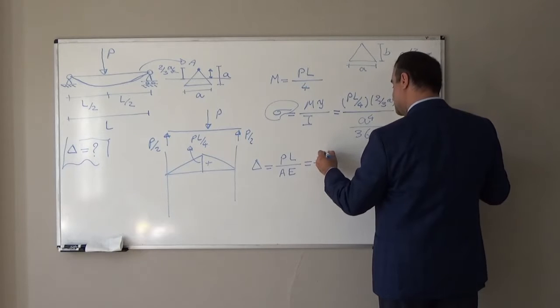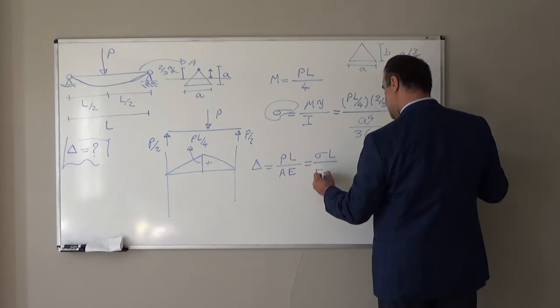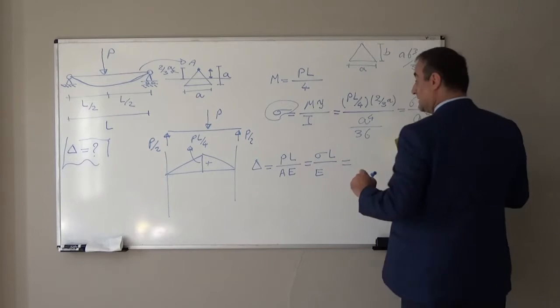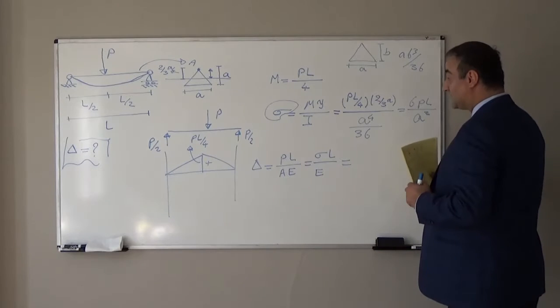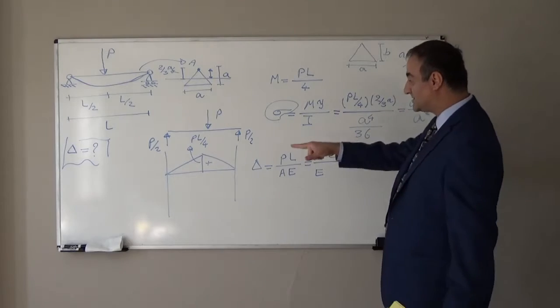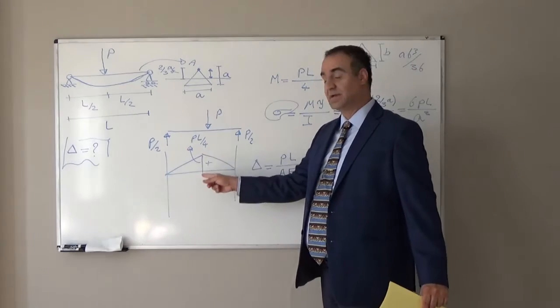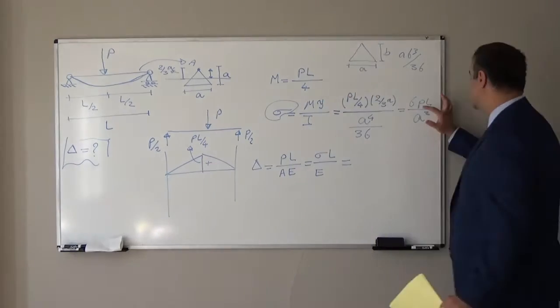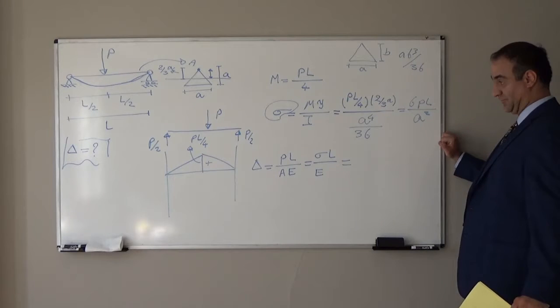I can write that as sigma L over E. The sigma stress in that fiber we find because of the maximum bending moment, which is 6PL over A cubed.